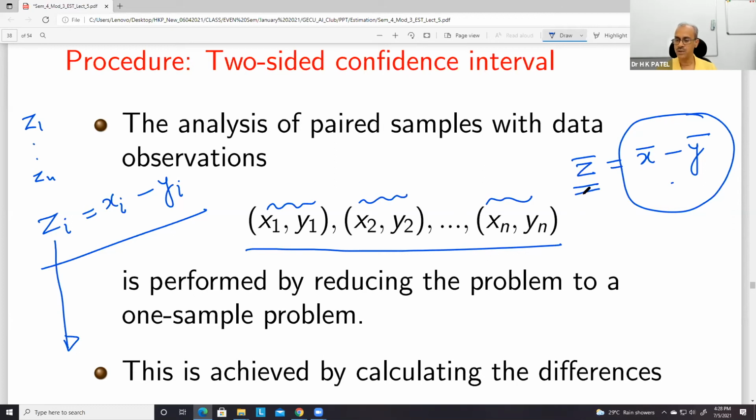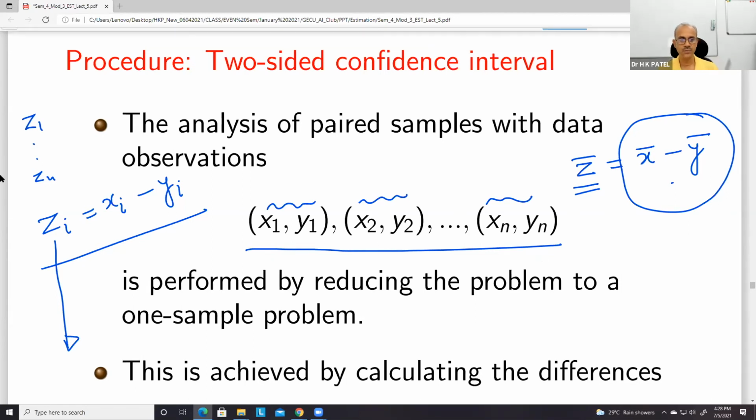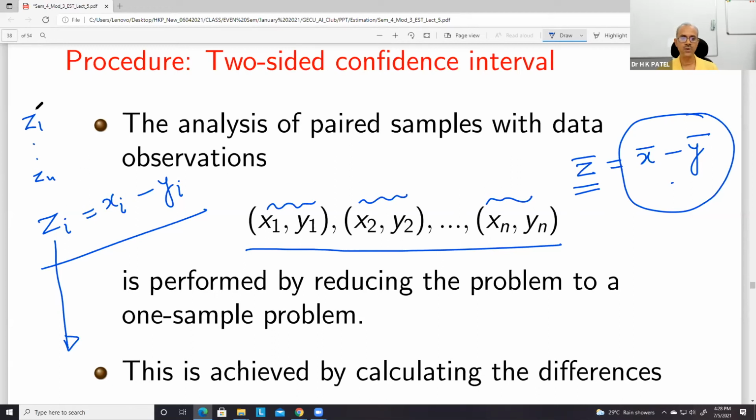Now z bar is a single sample of n elements, z1, z2, zn. So we can apply the first case, if z1, z2, zn are normally distributed, to find the confidence interval for z bar, and that will be the confidence interval for x bar minus y bar.